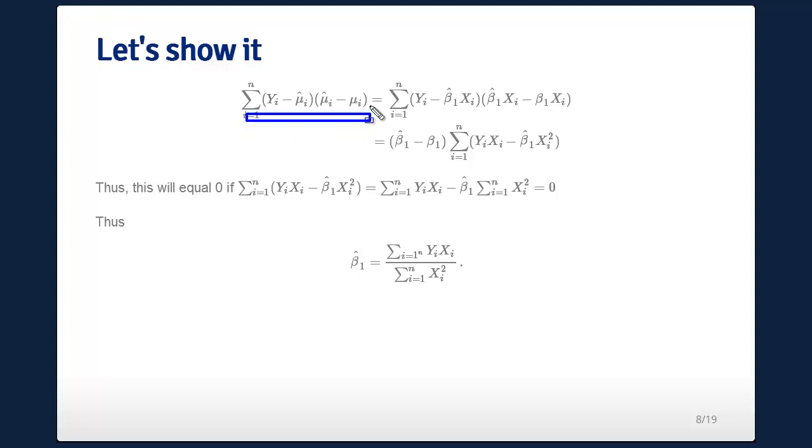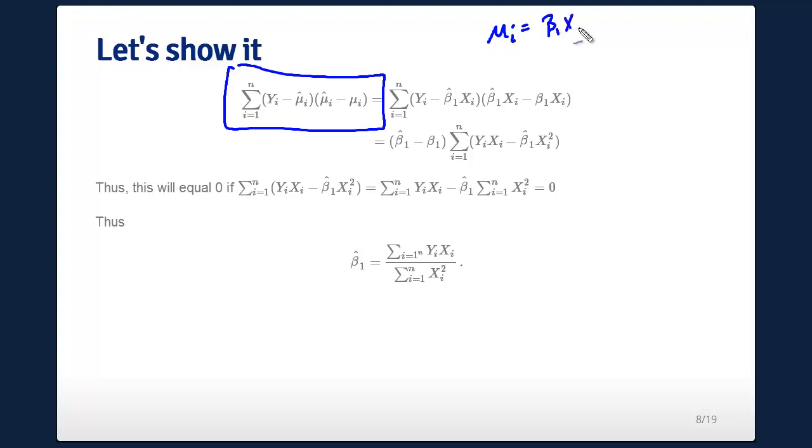Okay, but let's just show that this works out to be the case. Here's the criteria that we have to meet. This is the criteria that we need to be 0, and here we've parameterized mu i to be equal to beta 1 xi. So plugging in beta 1 xi and mu i hat as beta 1 hat xi, we get this equation right here.